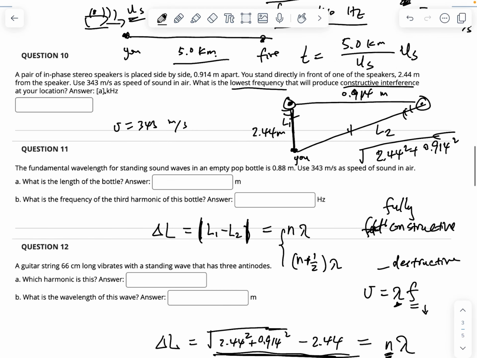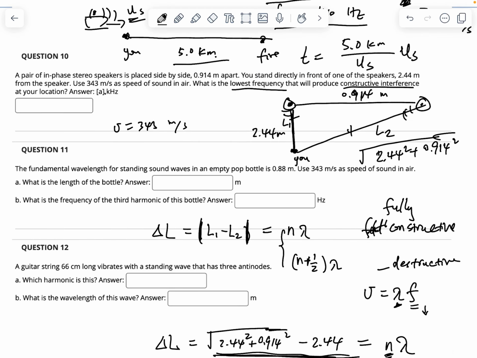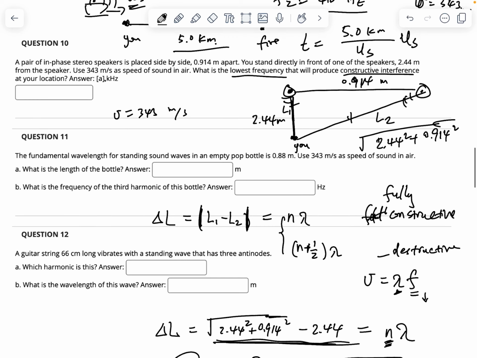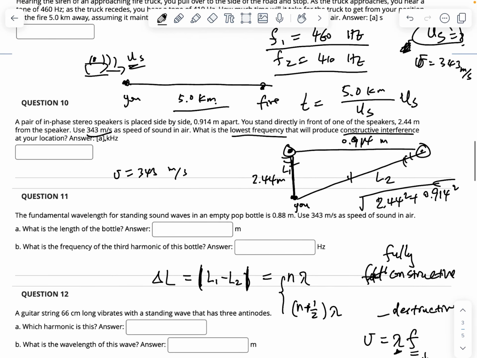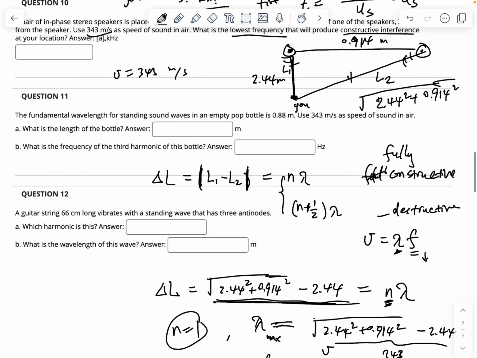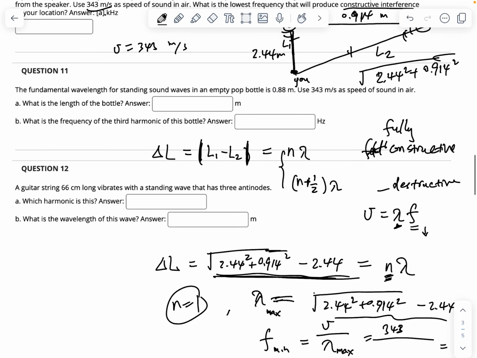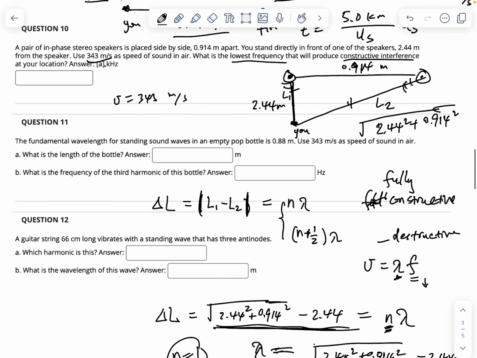Okay, speed of the sound wave is 343, so equals 343 divided by this guy. Okay, so that is your lowest frequency to have the constructive interference here. All right, so this is number 10.